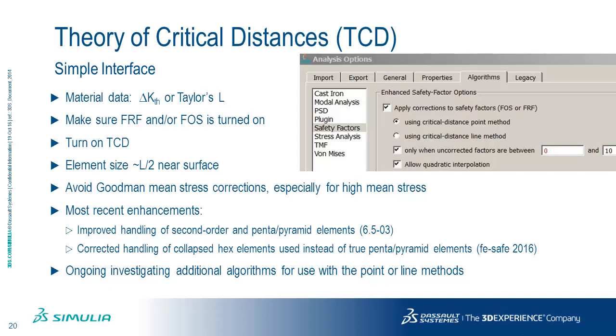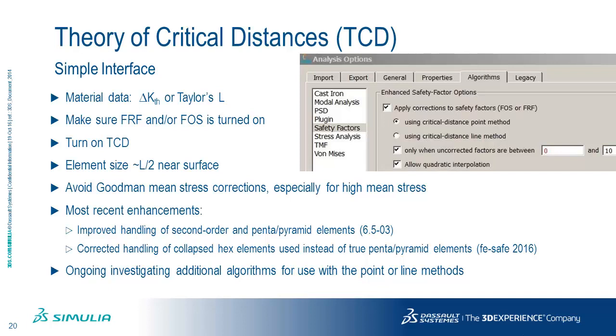We've made a few more improvements in the robustness of the search through the thickness from the surface into the solid. Of course, this only works with solids, right? Not shells, because you don't have a way to pick up the gradient. We've also improved the handling of penta, second order penta, and pyramid elements and so forth.